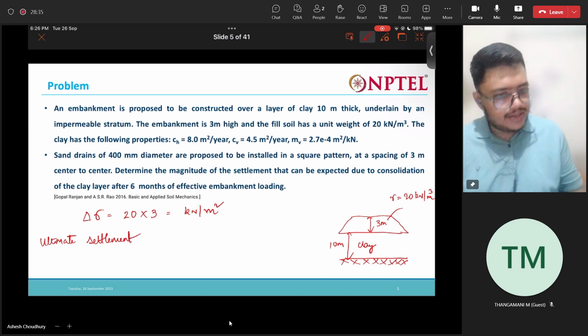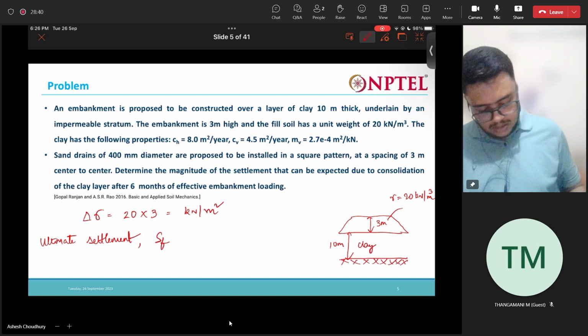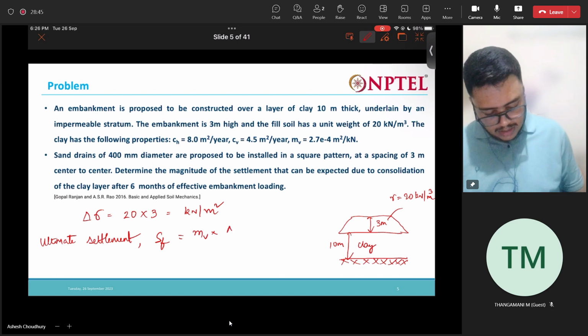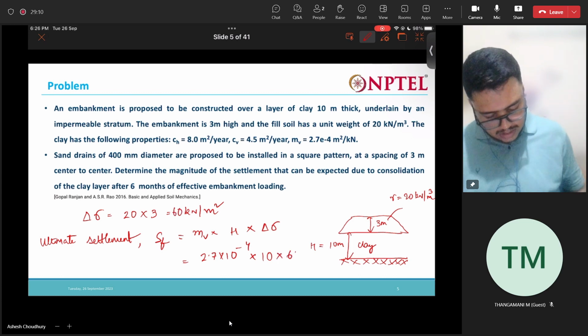Now let us find out the ultimate consolidation settlement that this clay layer will undergo. How can we write the ultimate settlement? As mv times delta sigma times H. So what is mv? 2.7 times 10 to the power minus 4, times H is 10, H is this thickness, times 60.